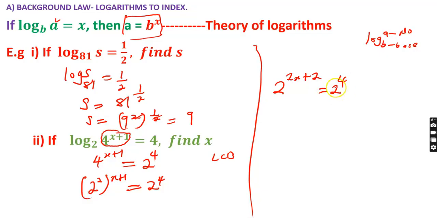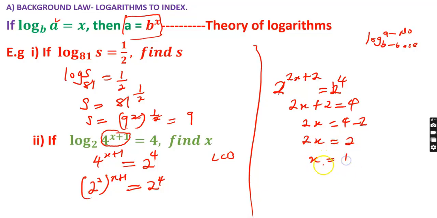Since the bases are the same, the indices are equal. 2x plus 2 equals 4. 2x equals 4 minus 2. 2x equals 2. Then x equals 1.